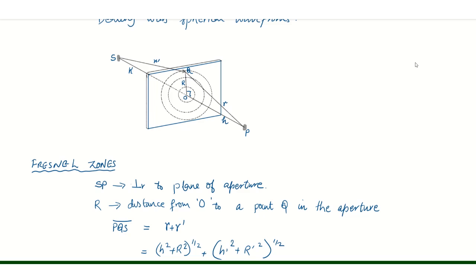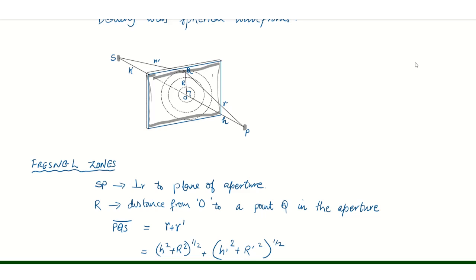And here we have the aperture itself. The whole thing is an aperture. And the line joining S and P says that this SP is perpendicular to the aperture plane. Perpendicular to this plane here.